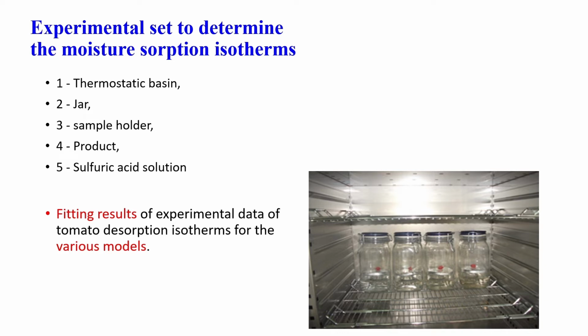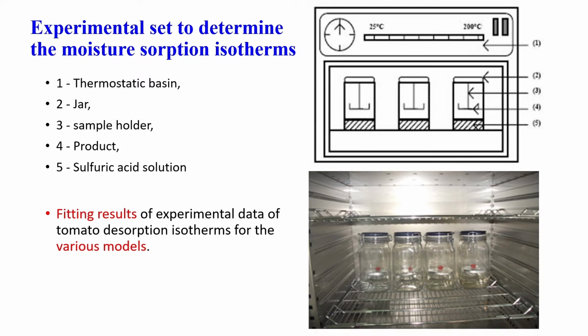So normally we need to prepare an experimental setup, which may have first the thermostatic basin or a cabin, where we can control the temperature. Then we're going to have a jar. We need to have a sample holder.